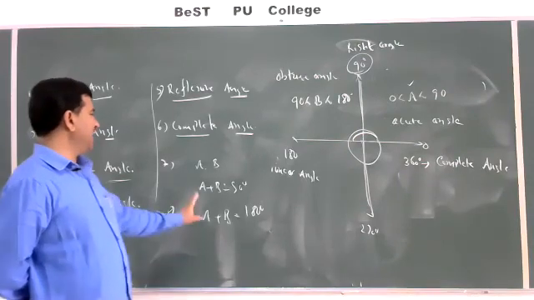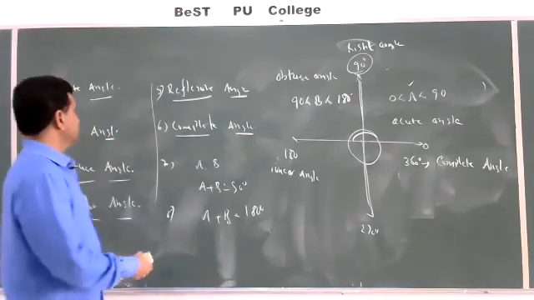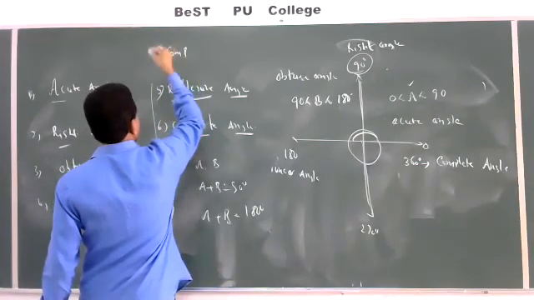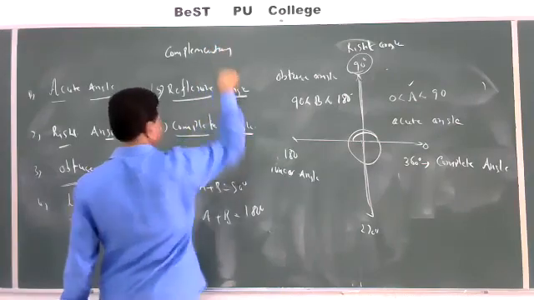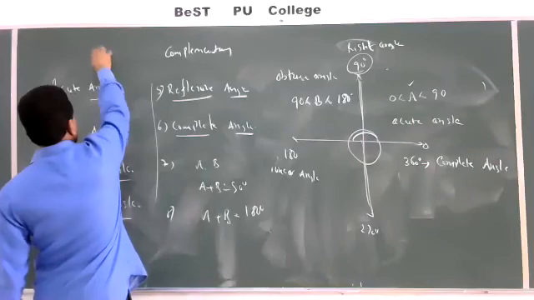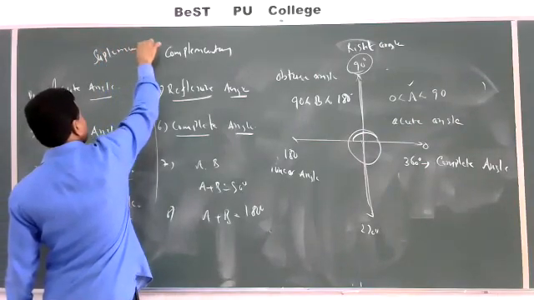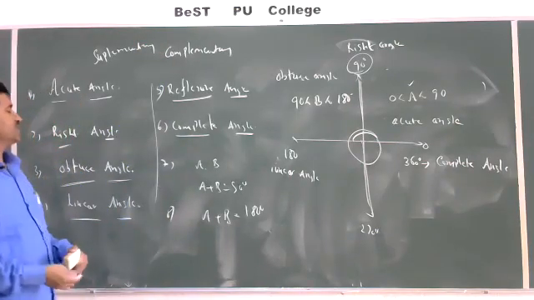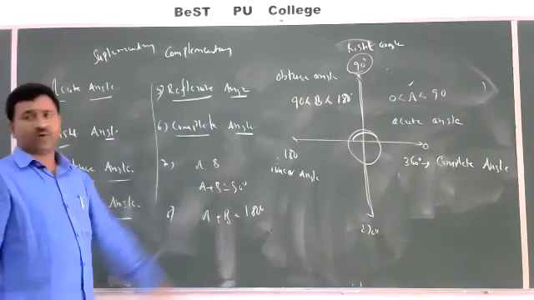And two angles A and B are said to be supplementary if A plus B is 180.